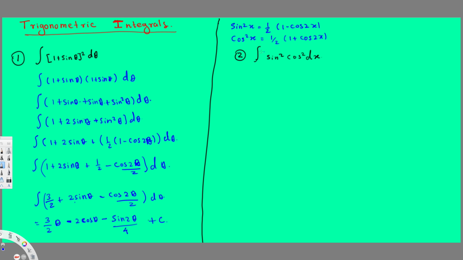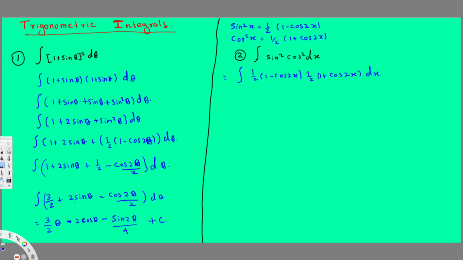And let's do this problem right here. We have sine square cos square dx. Same approach: we replace sine square and cos square with these values. So let's do that first. Sine square is going to be half times 1 minus cos 2x. Then cos square is going to be half times 1 plus cos 2x dx, right?